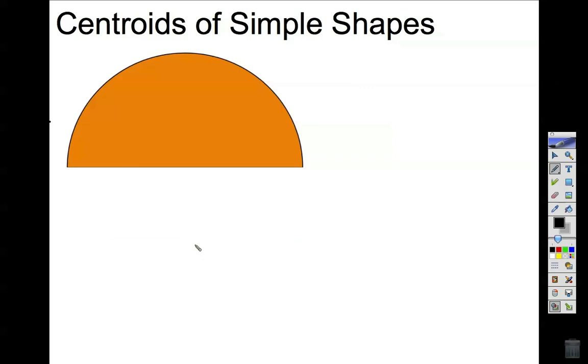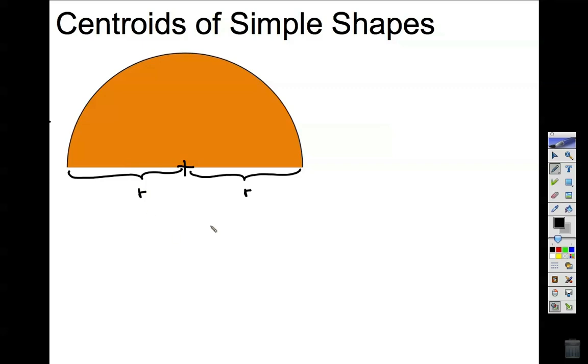A semicircle is half a circle. In a full circle, the center of the circle is usually the center of mass. But because we have half a circle, that does not mean that this is still the center of mass. We know that this part is still the radius.